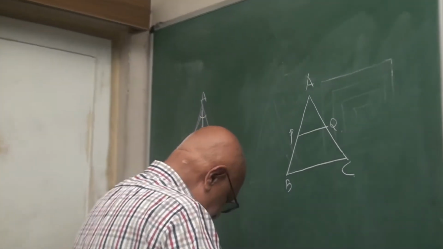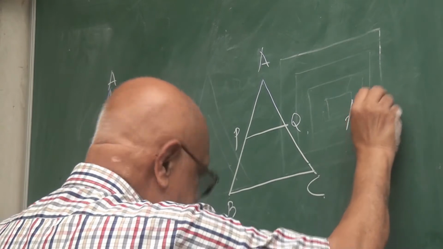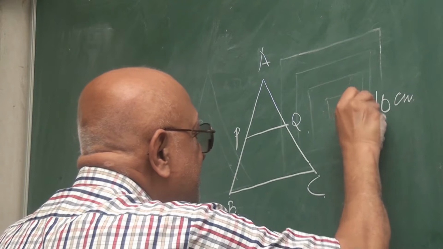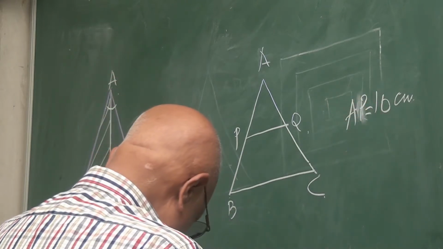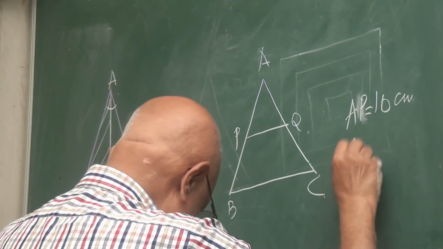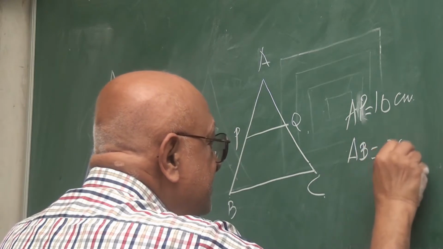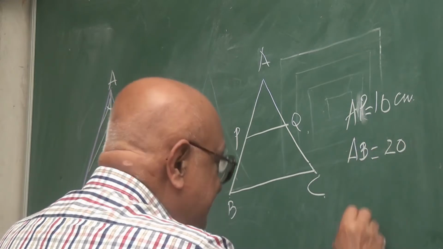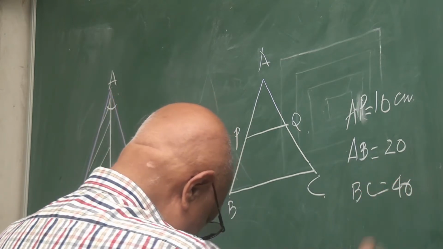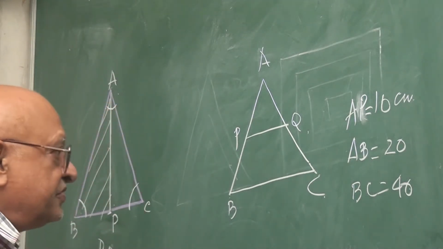Whatever is given: AP is equal to 10 centimeter, AB is equal to 20 centimeter, and BC is equal to 40 centimeter. What we have to find out is the ratio.